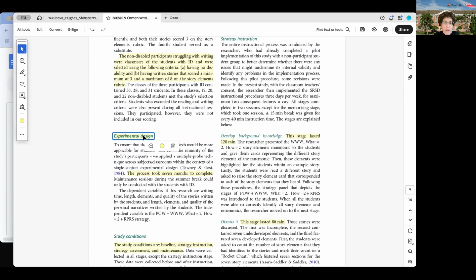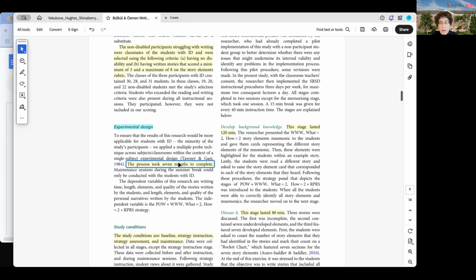Okay, so we're going into the design, and what's important to let you know right away is, single case design takes a long time to actually complete. So I'm highlighting in here how long. The whole study took almost a whole school year. It's very typical.